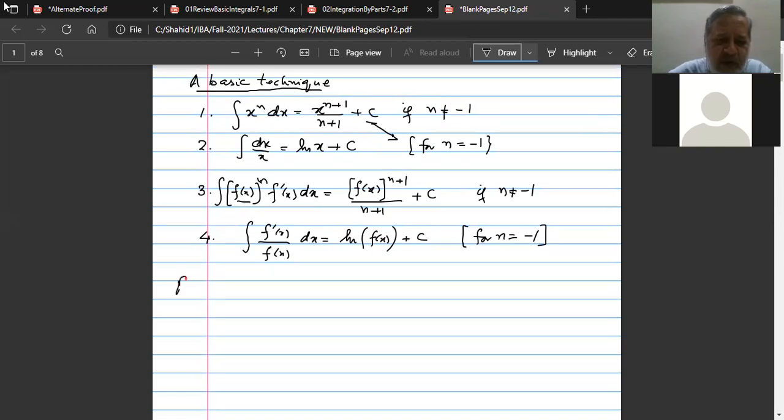How can we prove 3? It is a simple technique of substitution. We substitute u is equal to f(x), which means du is equal to f prime x dx, and the integral becomes u raised to power n times du, giving u power n plus 1 upon n plus 1 plus c, and hence this form.